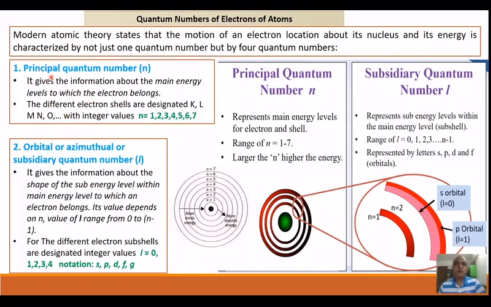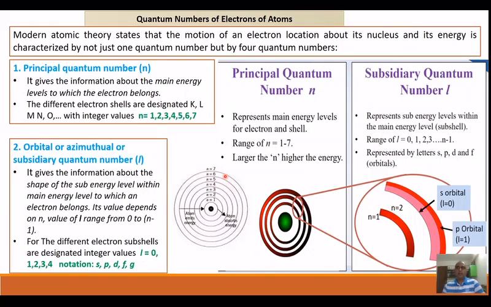The principal quantum number is represented by small n, as shown in the video. It gives the information about the main energy levels to which the electron belongs. The different electron shells are designated K, L, M, N, O, P. Like this, the other integer values are there: n equals 1, 2, 3, 4, 5 up to 7.